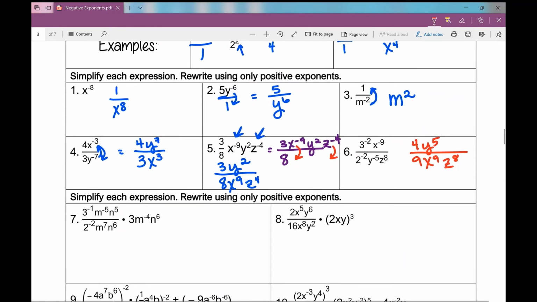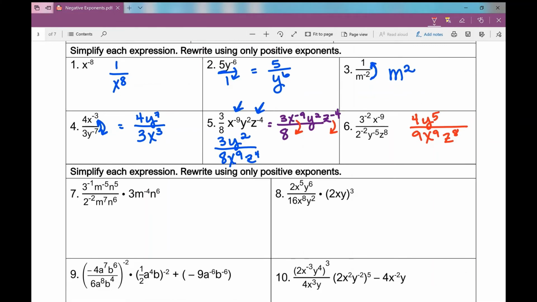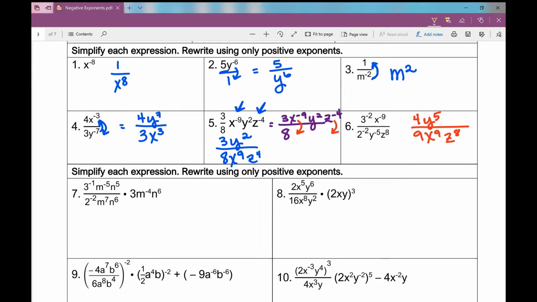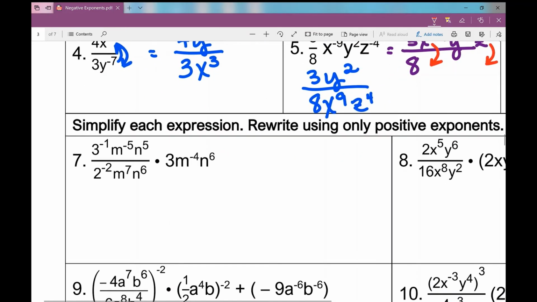So in our next section, we're actually going to be using all of our exponent rules that we've learned thus far, the product rule, the power rule, the quotient rule, and some of those might involve negative exponents, so we need to remember our integer rules. So let's look at this first one, number 7. The first thing I want to do is go ahead and just rewrite these numbers right here. 3 to the power of negative 1, well, what's that going to be?